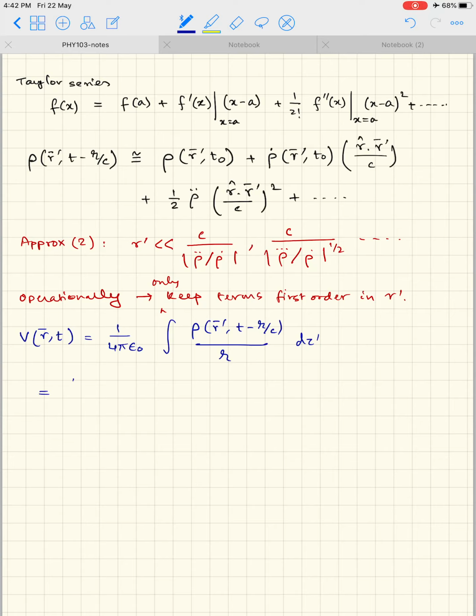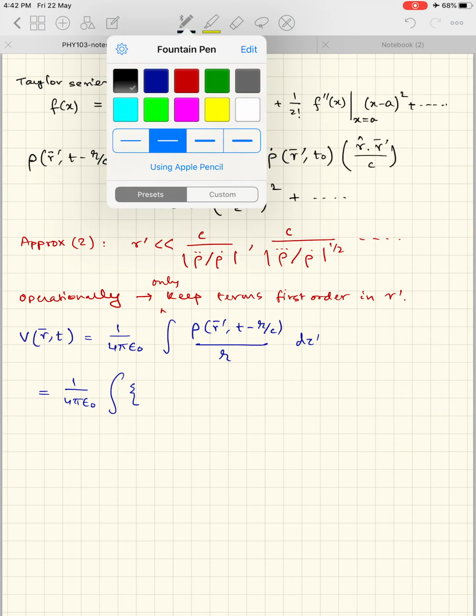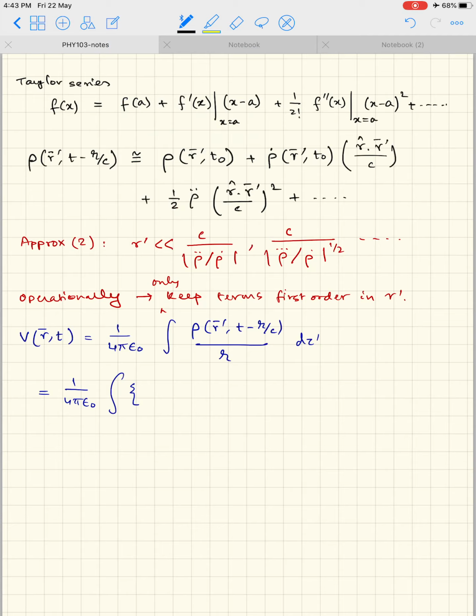So now this becomes 1 over 4 pi epsilon naught integral, and we have this term as we have written up there. So that's rho of r primed, t naught plus rho dot of r primed, t naught into r cap dot r primed by c. That's one term.